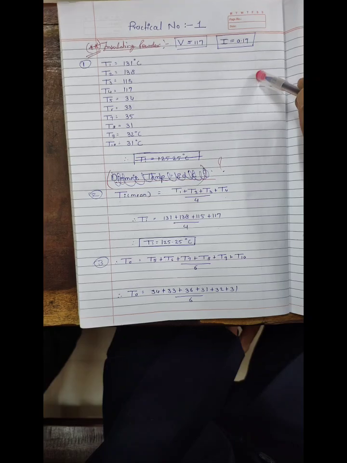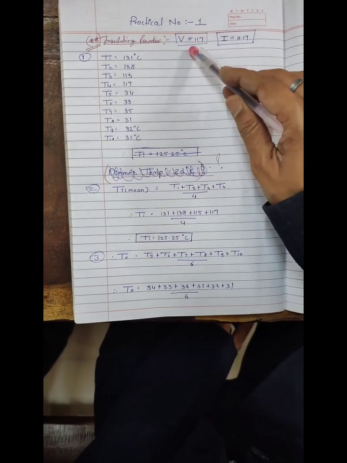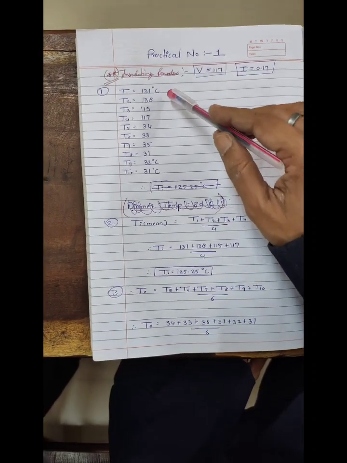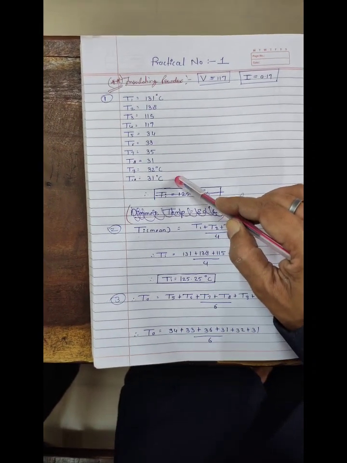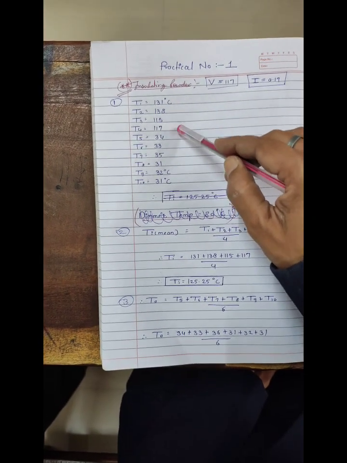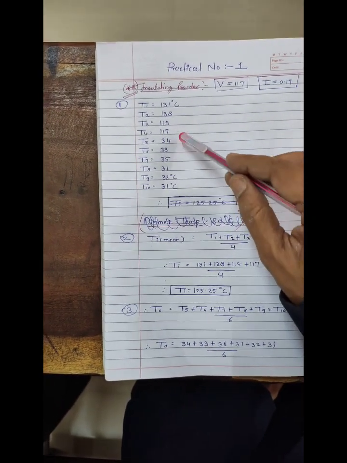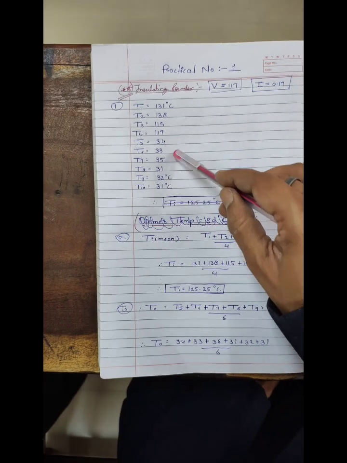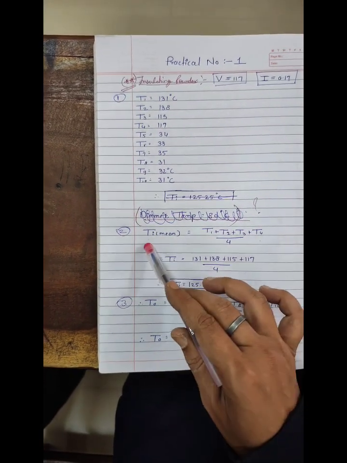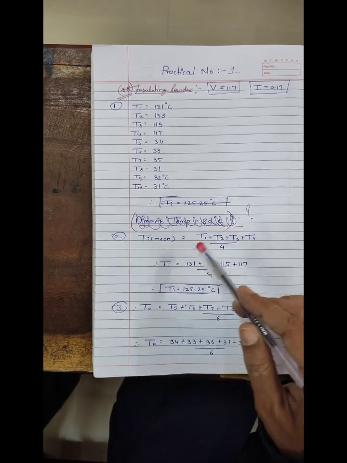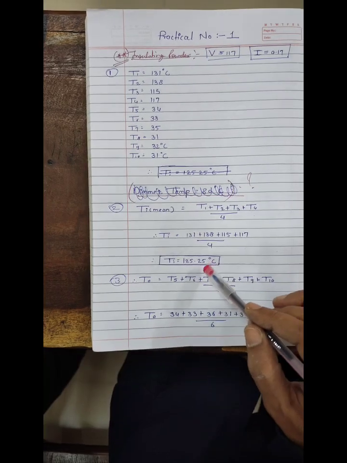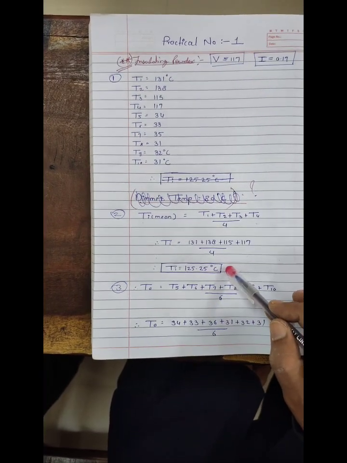Our experimental setup observations: this is voltage and this is current, and these are our temperature readings, T1 to T4 are the temperature readings on the inner sphere, and T5 to T10 are the temperature readings for the outer sphere. Now we calculate Ti, the mean temperature of the inner sphere, which we get as 125.25 degrees Celsius.